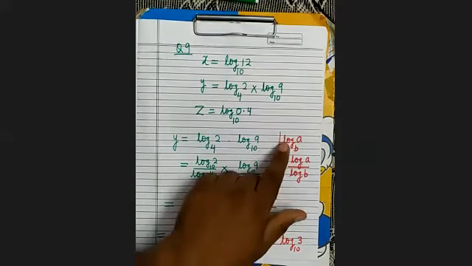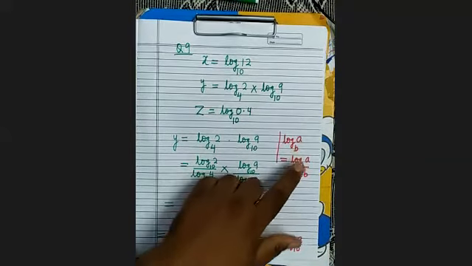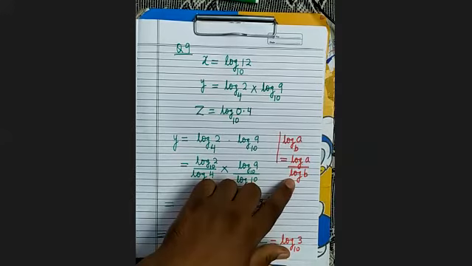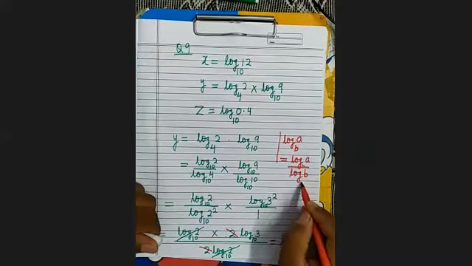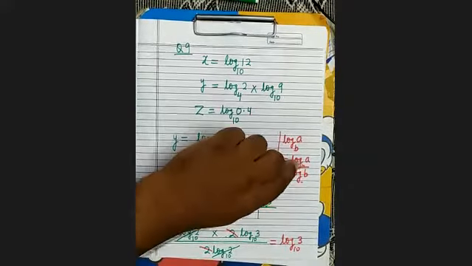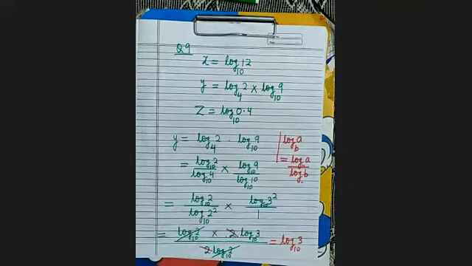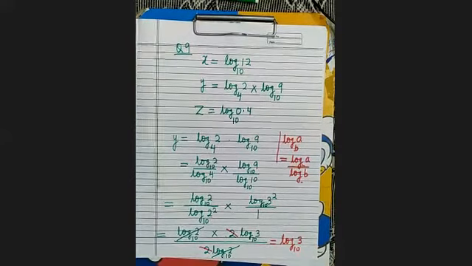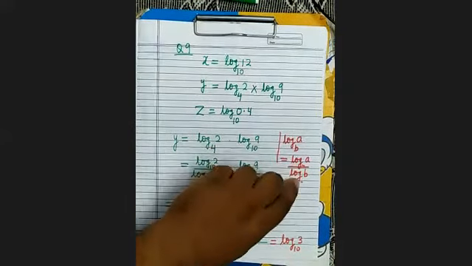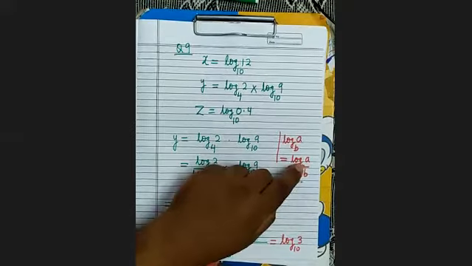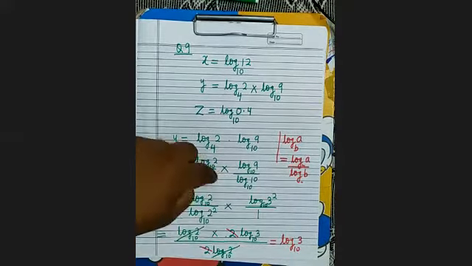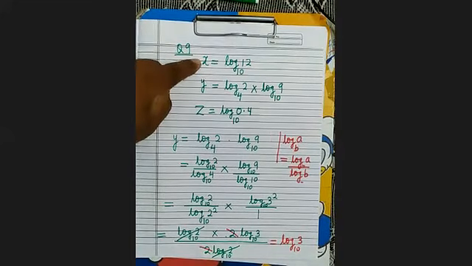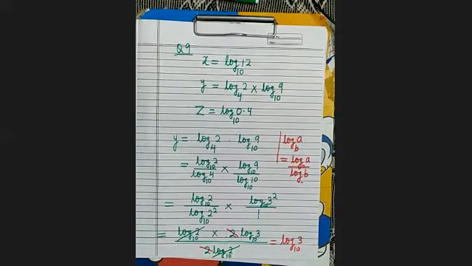So here there is a formula: log a to the base b is log a upon log b. यहाँ बेस नहीं लिखा है, तुम कुछ भी बेस लिख सकते हो, पर जो बेस ऊपर लेंगे वही बेस नीचे लेंगे. अगर हम बेस ऊपर 7 ले रहे हैं तो नीचे भी 7 ले. ऊपर अगर हम बेस 3 ले रहे हैं तो नीचे भी बेस 3 ले. हम यहाँ पर 10 इसलिए ले रहे हैं because in x and z base is 10.